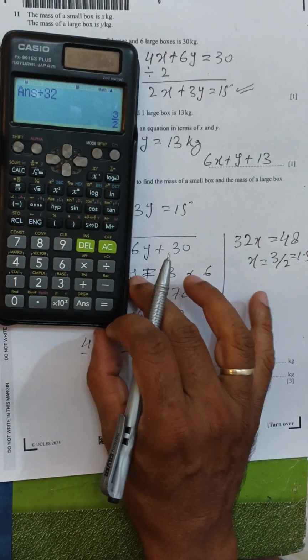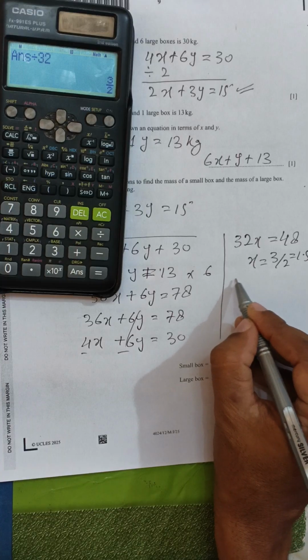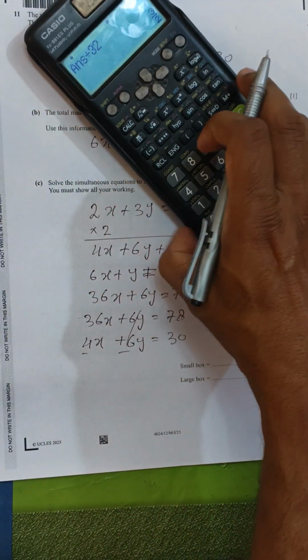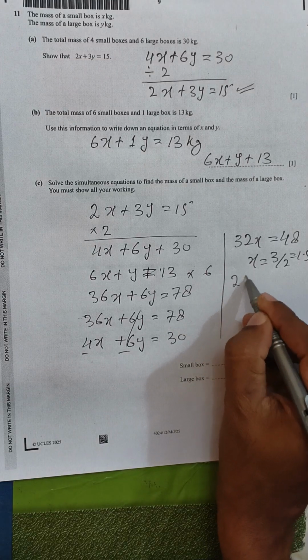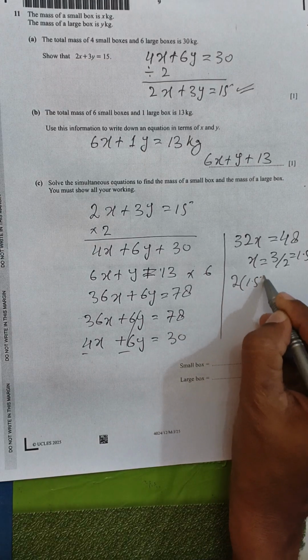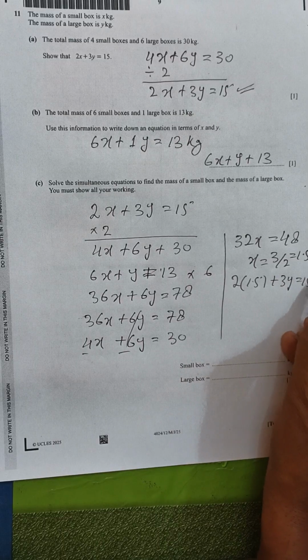Now put it in any equation, so what will your value of y be? We can put it here: 2 multiplied by 1.5 plus 3y equal to 15.